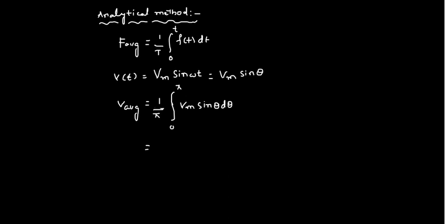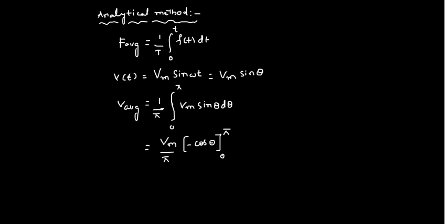Now I integrate. Vm is a constant, so I get Vm by pi. The integral of sin theta is minus cos theta, varying from 0 to pi.